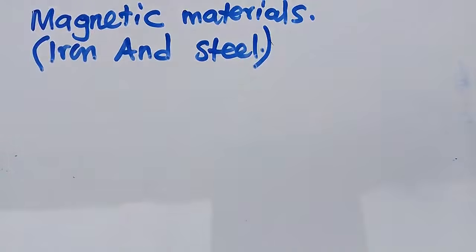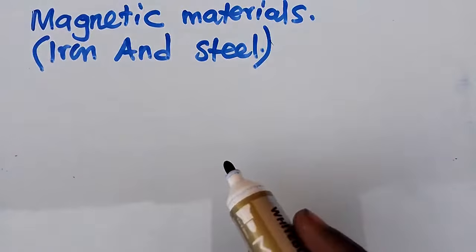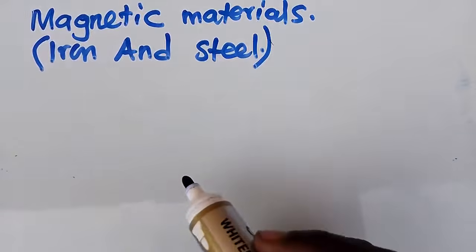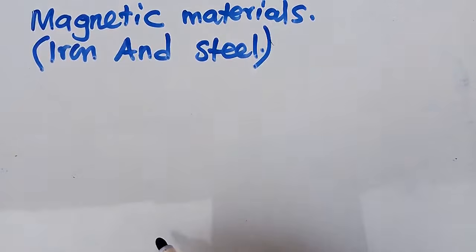In terms of magnets, how can you differentiate these two? Iron and steel are common magnetic materials, but they have some differences in their properties.